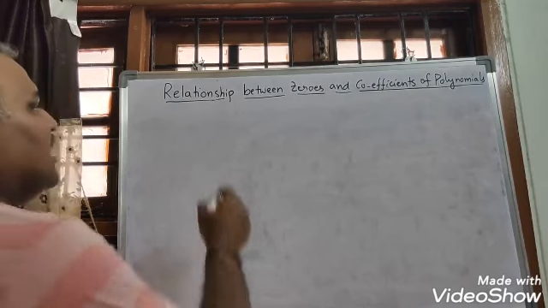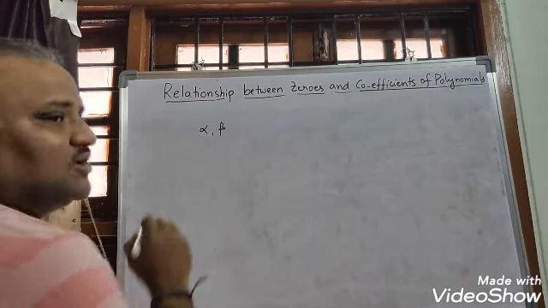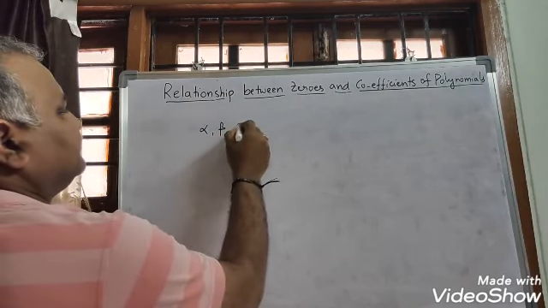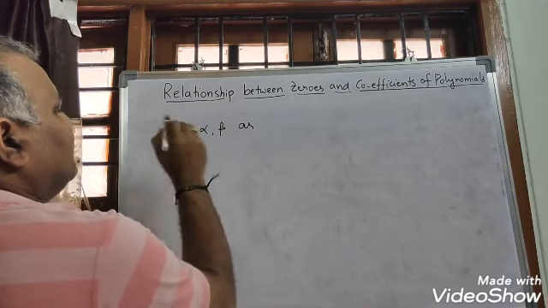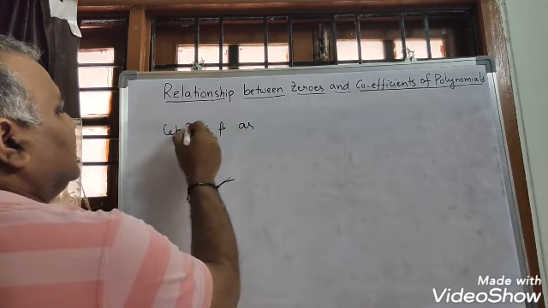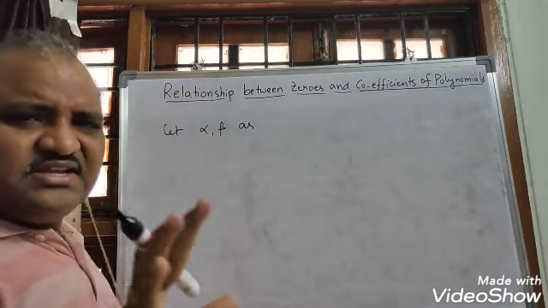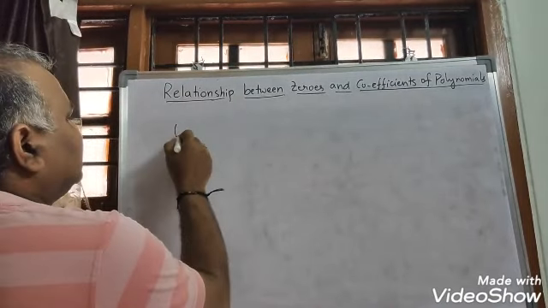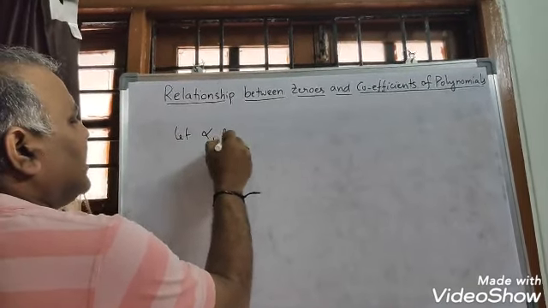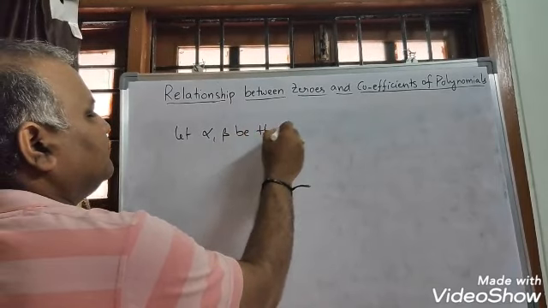Let alpha, beta be the roots, the zeros.